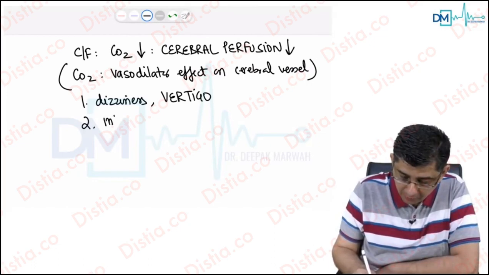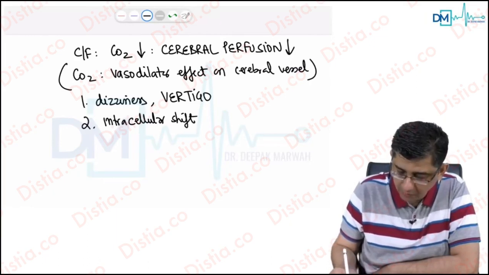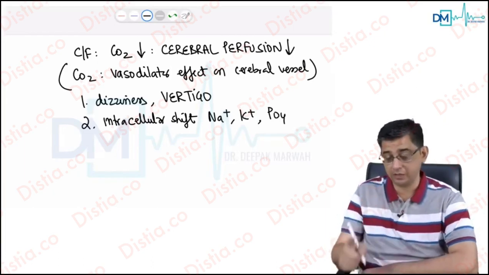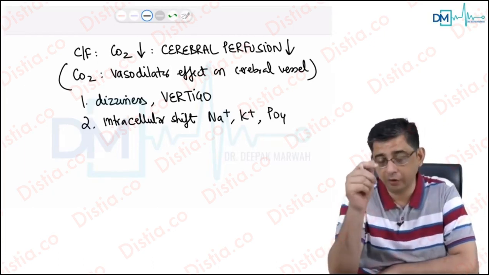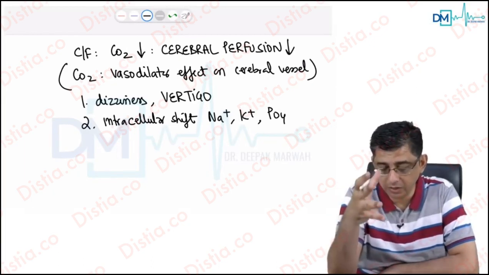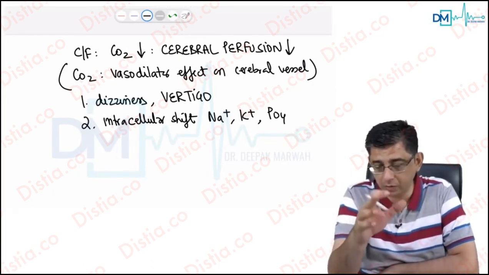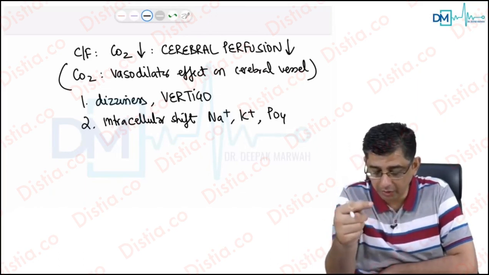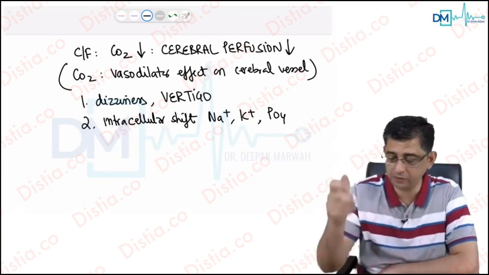Remember the fact that when carbon dioxide is less in the blood, there is an intracellular shift of sodium, potassium and phosphate. It's a very surprising statement which is given in Harrison, which I'm quoting here. He says, in respiratory alkalosis, when carbon dioxide in the blood is lesser and the pH of the blood is going towards alkalosis, it can contribute to intracellular shift of sodium, potassium and phosphate.